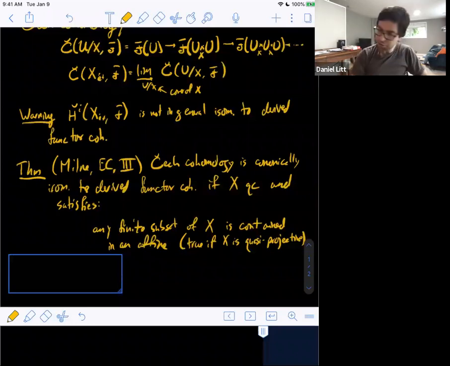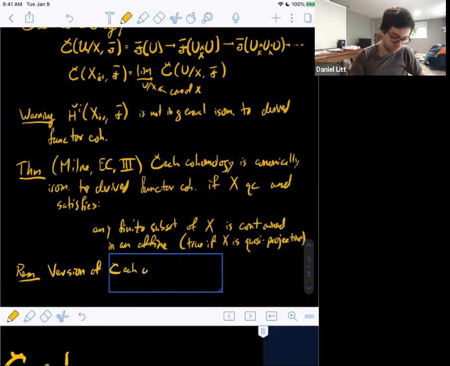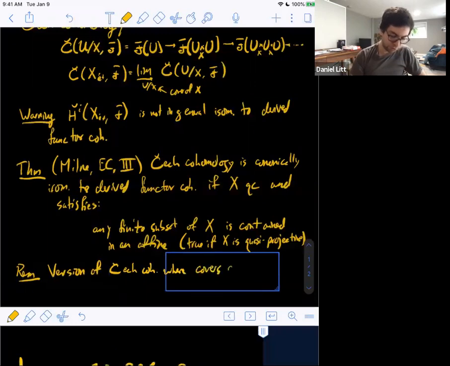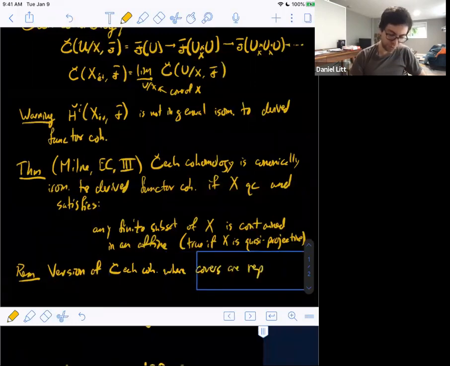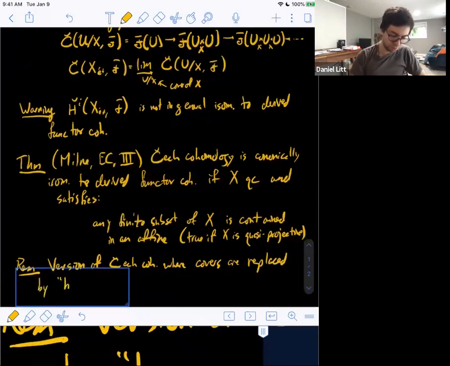Okay, so maybe before moving on, I want to remark, there is a version of Čech cohomology which works for arbitrary sites and which always computes derived functor cohomology. There's a version of Čech cohomology where covers are replaced by objects called hypercovers, which are a bit technical to define, so I won't define them.